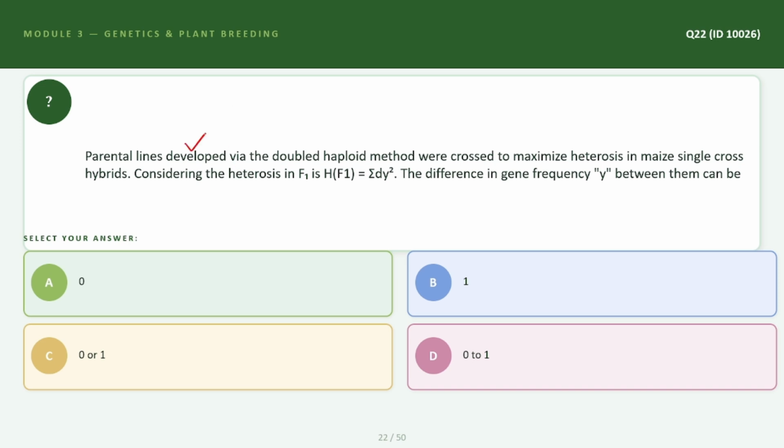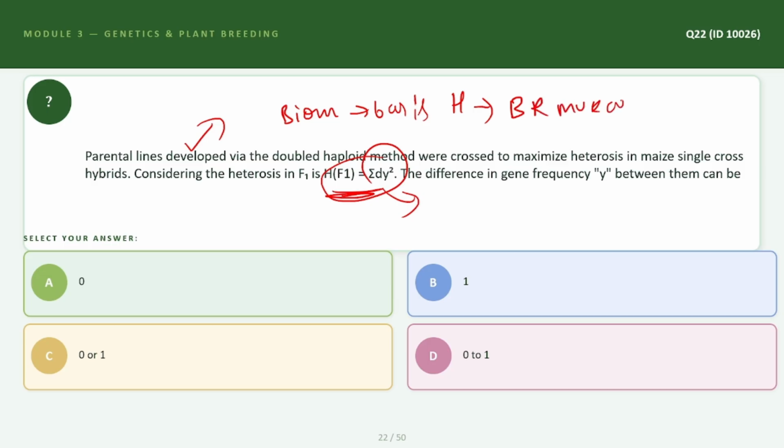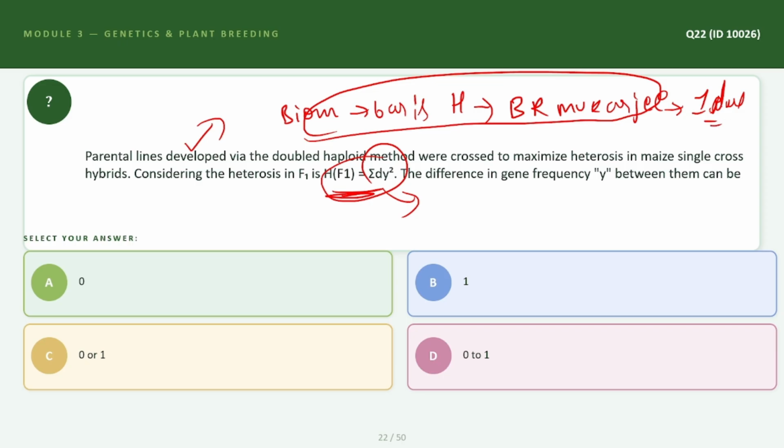Then again, it's a very tricky question, and most importantly, repeating from year to year. See, if you want to know this concept, you should read Biometrical Basis of Heterosis from the B.K. Mukherjee book. It's a very interesting and very small book. I think we can finish it in one day itself. Okay. See, what is D, what is Y square?